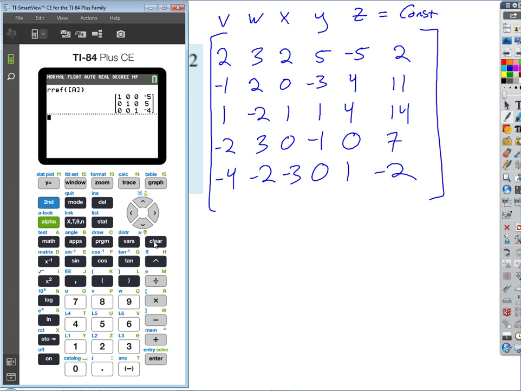Okay, so let's go to the matrix menu, go over to edit, and we want this one, instead of being a 3 by 4, we want it to be a 5 by 6. Okay, so 2, enter, 3, enter, 2, enter, 5, enter, negative 5, enter, 2, enter.